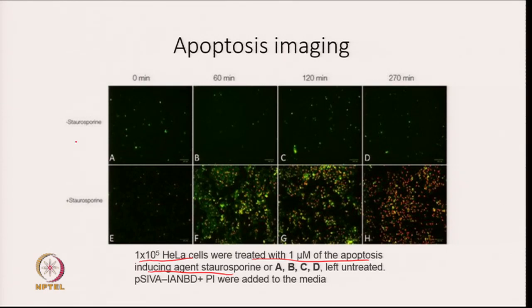You can see this is without staurosporine at 0 minutes, 60 minutes, 120 minutes, 270 minutes, and you can see there is very little difference. But when you add this reagent, which is basically an apoptosis inducing agent, this is at 0 minutes and then 60, 120, 270 minutes. So, you can see there is a vast difference when you go from 0 minutes to 270 minutes.